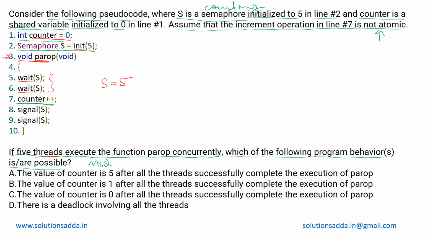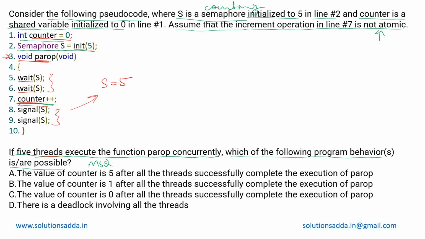And after that, it will enter the critical section, which has not specifically been mentioned. And after that, when it is done, it will increment the value of the shared variable counter by 1, and before leaving it will once again perform 2 signal operations to restore the value of the semaphore S. So this is how the synchronization works.